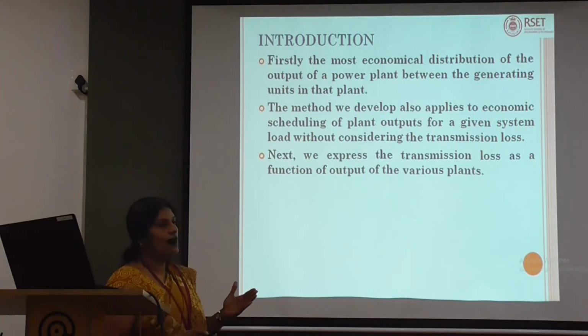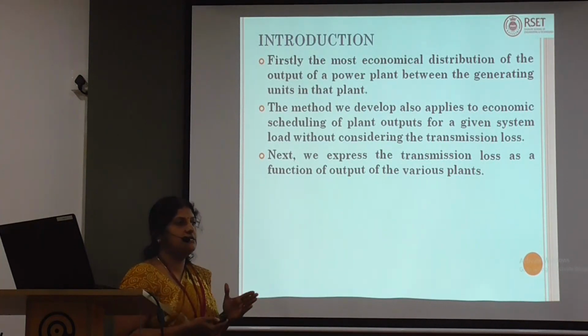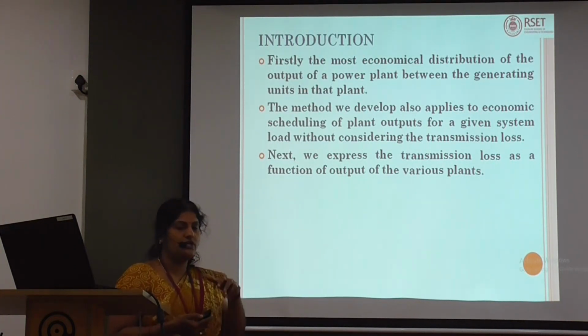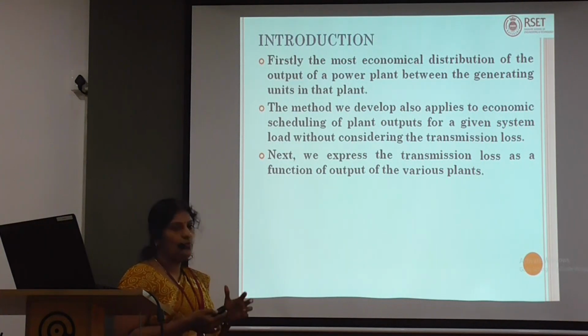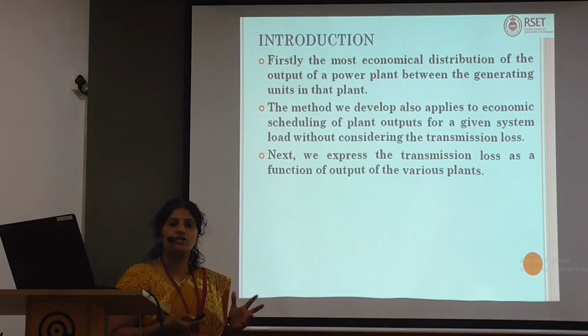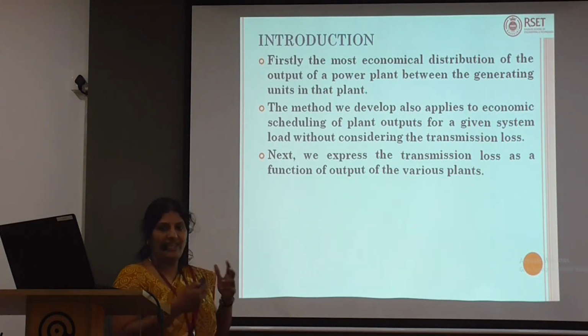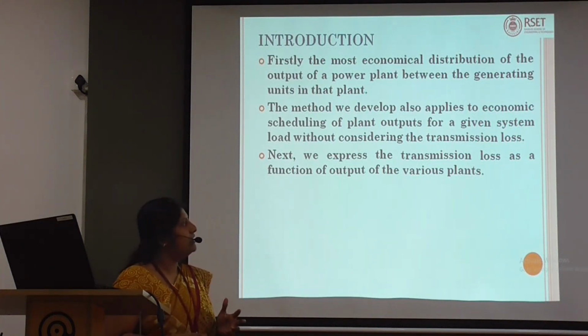Next we will see how the transmission losses in a system can be adopted into the economic scheduling, for which the transmission losses will be expressed as a function of the output of various plants, that is the plant generation.